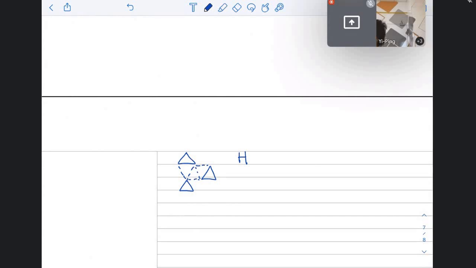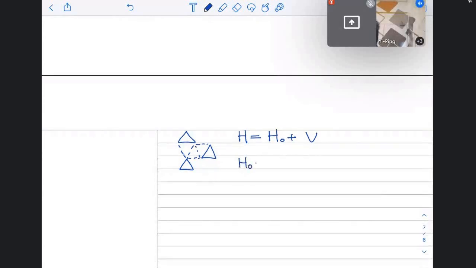Okay, so the total Hamiltonian, or the original Hamiltonian of our ferromagnetic Ising model, can be written as H naught plus V. And what is H naught? H naught is basically described by this solid line.